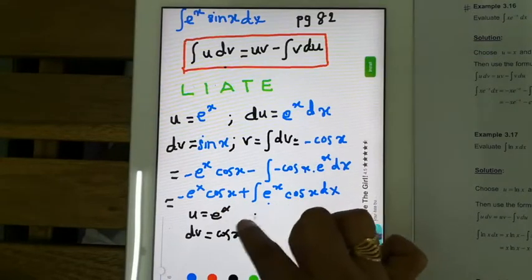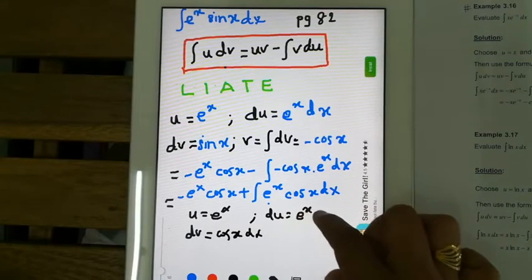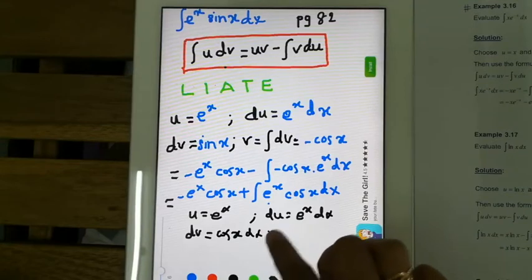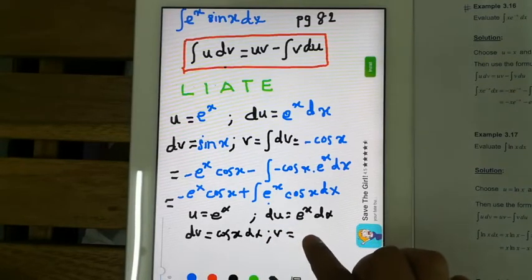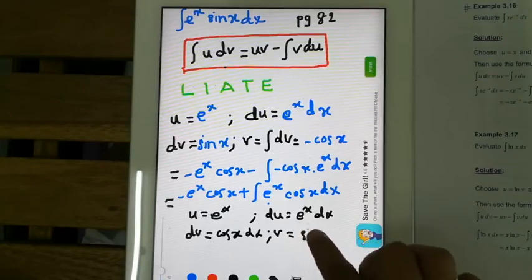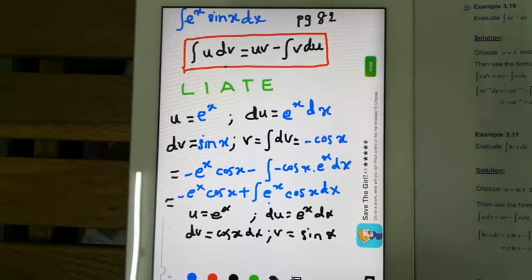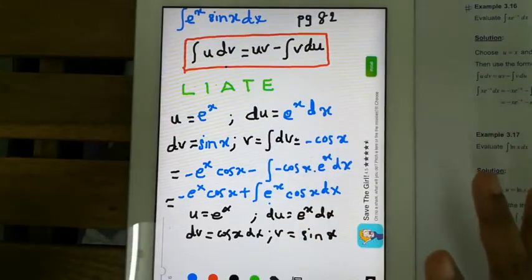So du is e^x dx, and the dv, when you integrate it, you'll get sine x. Is that clear? Now let me erase it so that I have ample space.